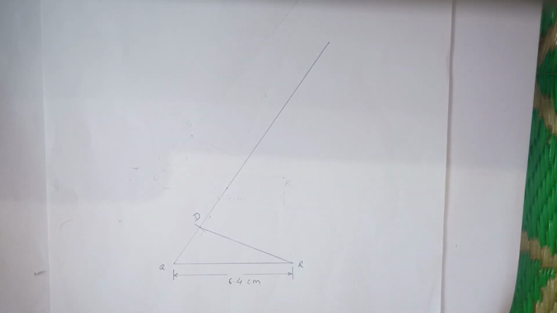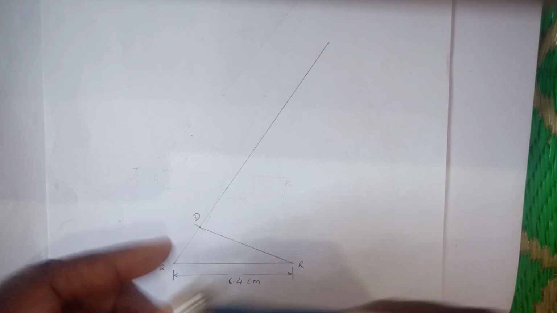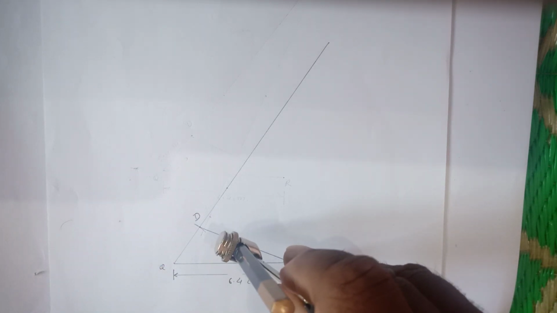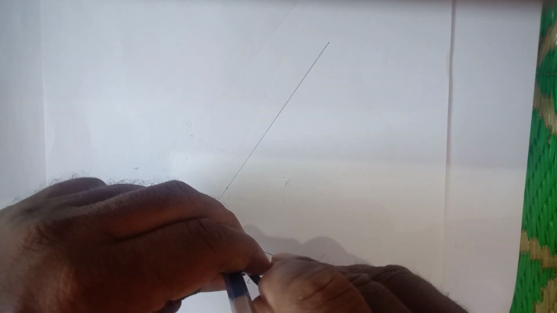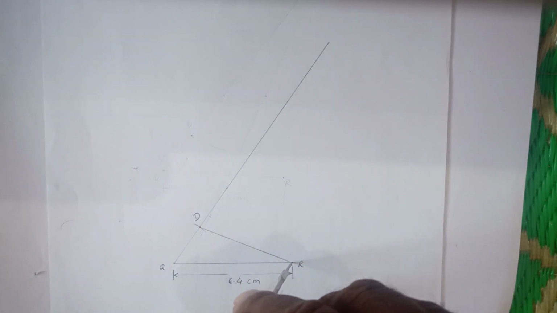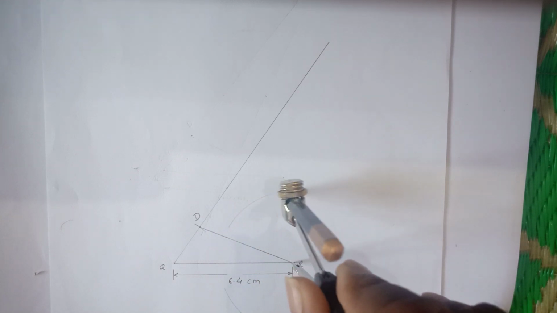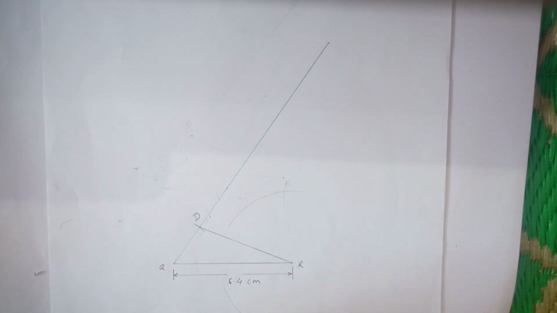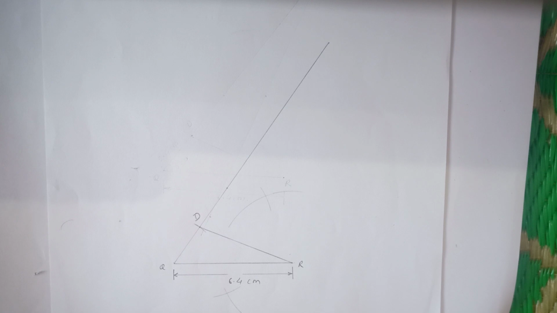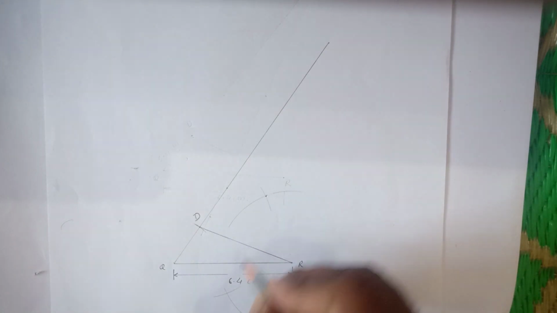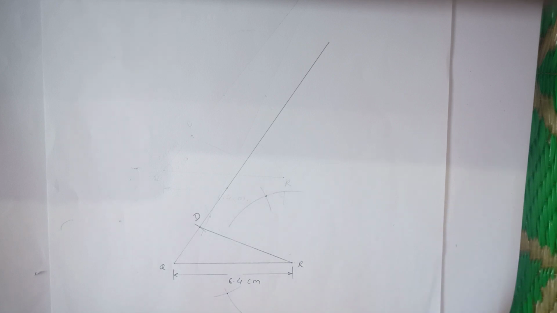Now draw the perpendicular bisector of DR. Take more than half of the distance of DR in a compass. Put compass at point R. Draw the arc in this way. Now put compass at point D. Draw two more arcs. Now these are the points of intersection of arcs.